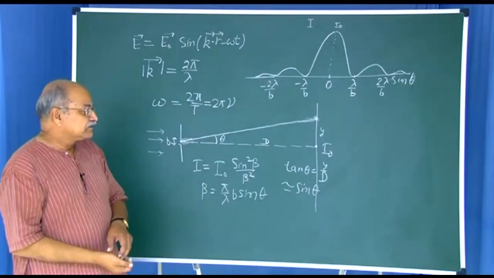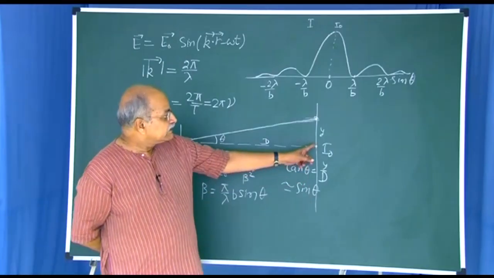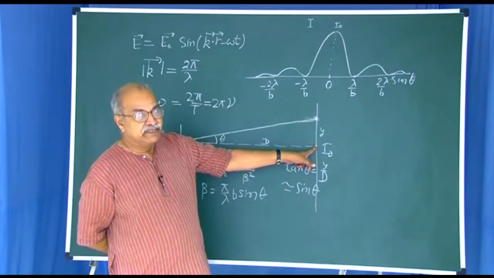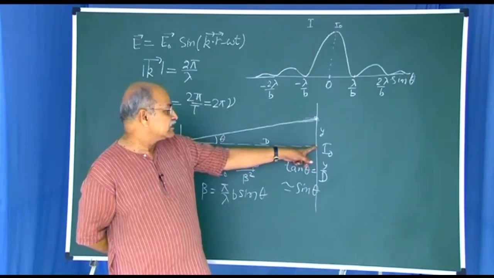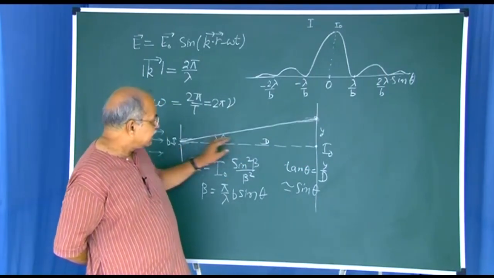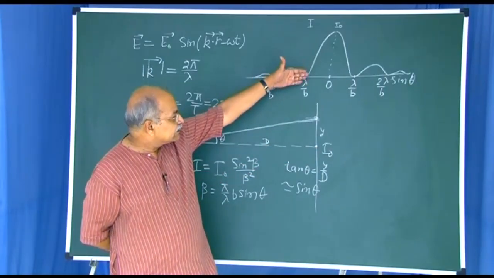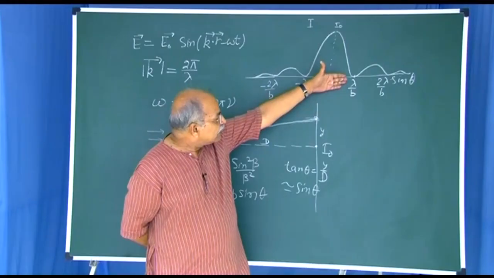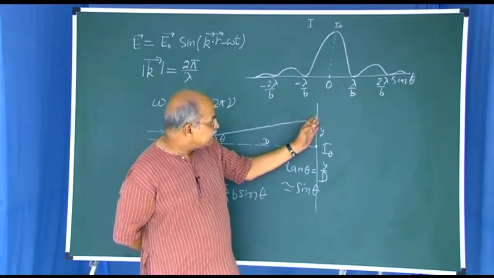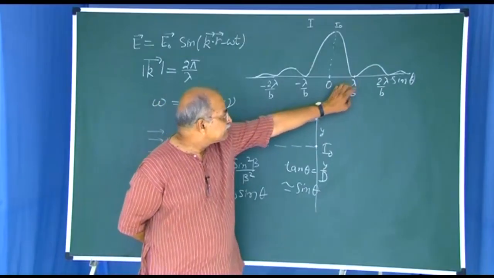So, what does it say? It says that right at the center the intensity is very high, as one expects. You have an opening and then the light is going, and right at the center intensity is high, good, and then the intensity decreases and becomes 0 at certain places on this screen where this theta satisfies sine theta is lambda by b.